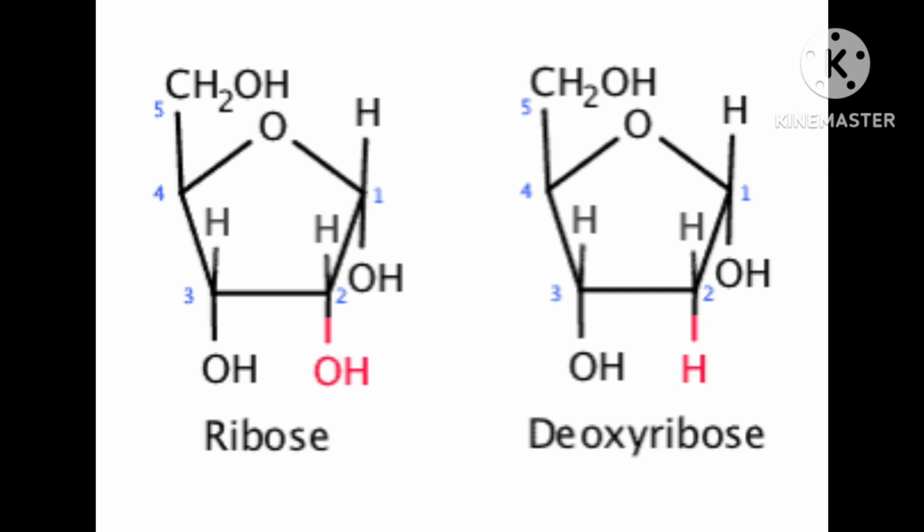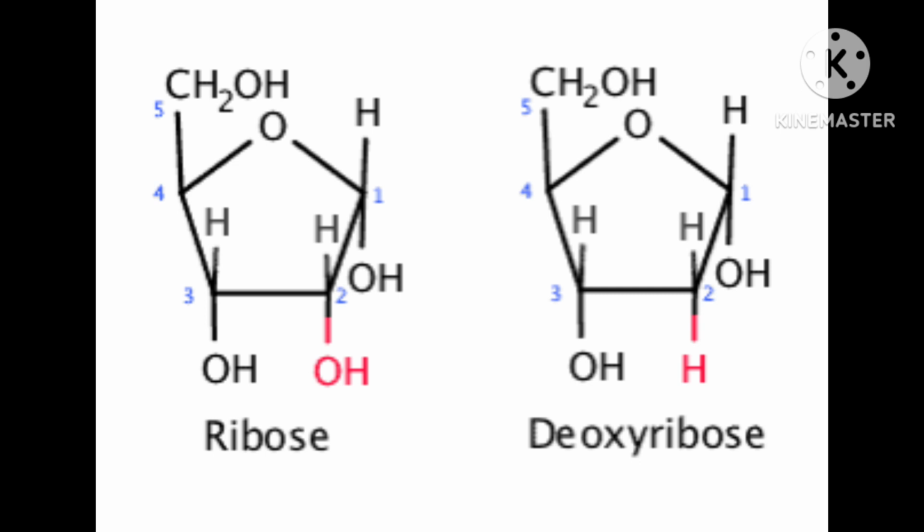In the chain both will be present, and then it is called a chromosome. Nucleic acid and protein both will be present in the chromosome.